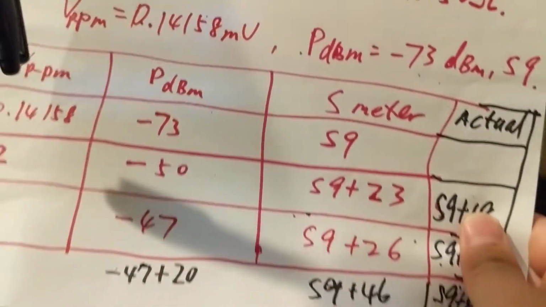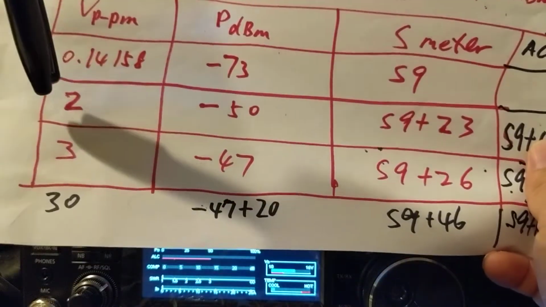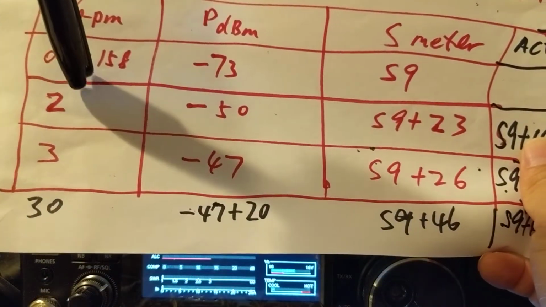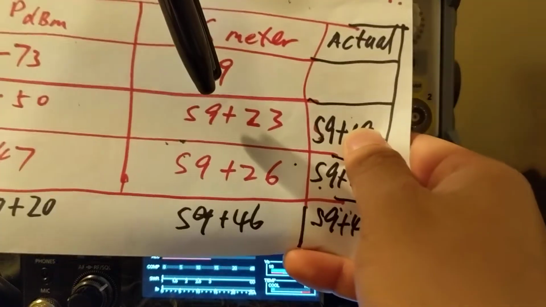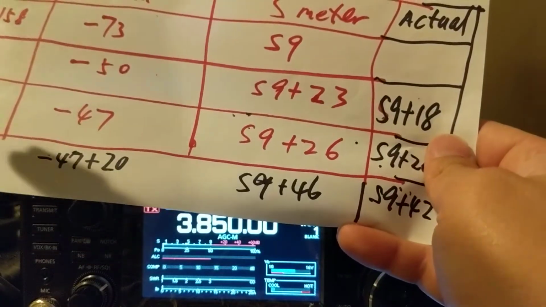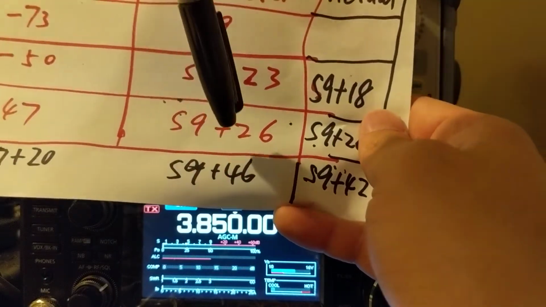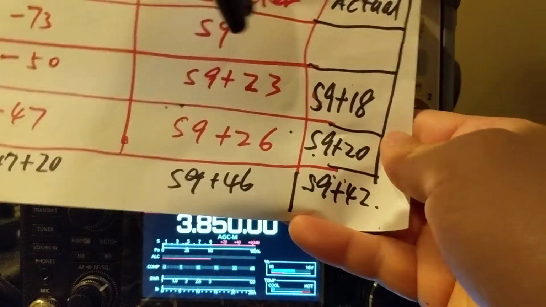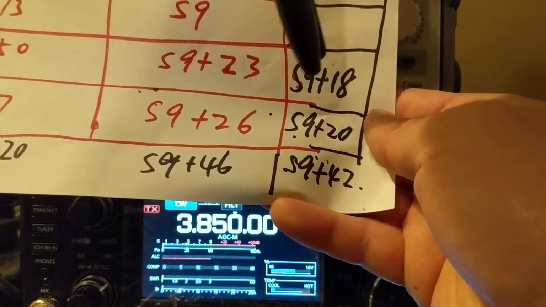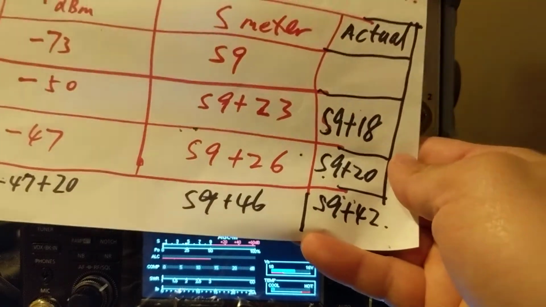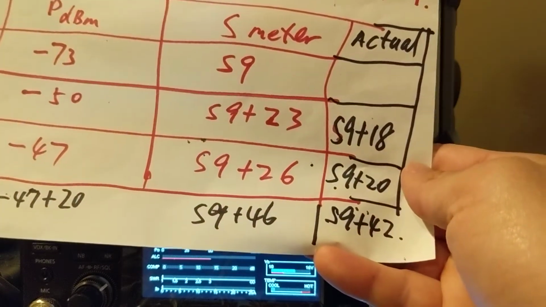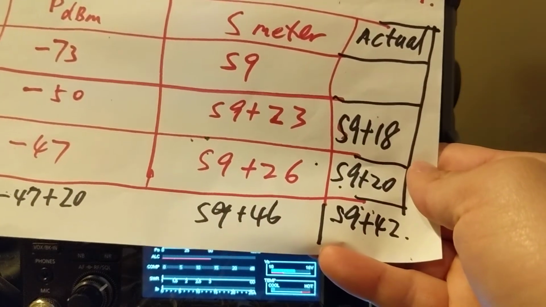And then I predicted that if I input 2 millivolts P2P, I'm supposed to get S9 plus 23. At 3, I should get S9 plus 26. But in reality, I got S9 plus 18 and 20. So I'm complaining that I'm 6 dB lower than the prediction.